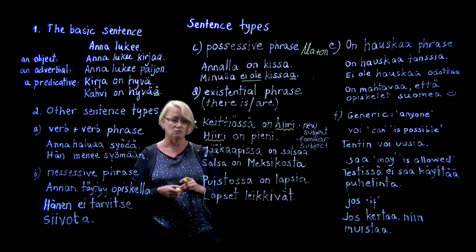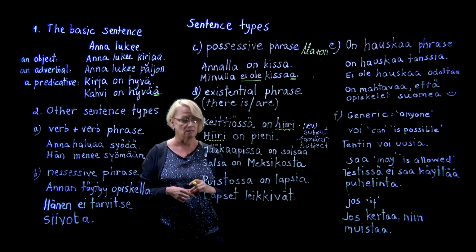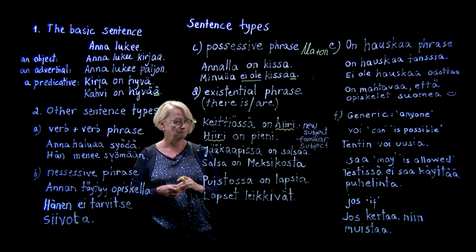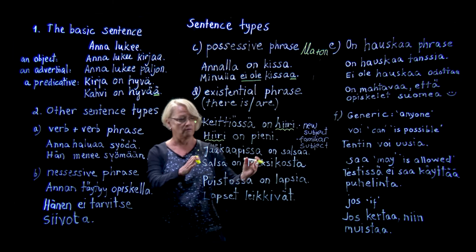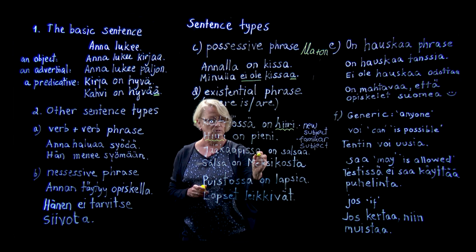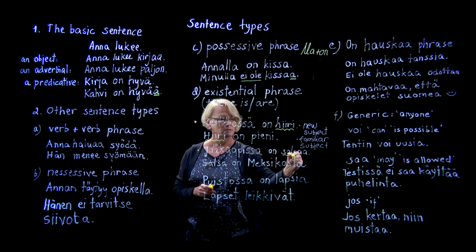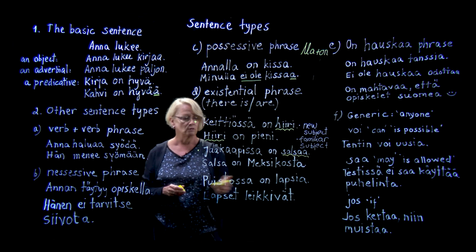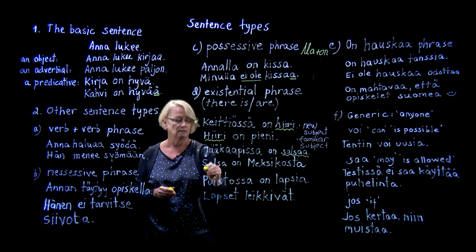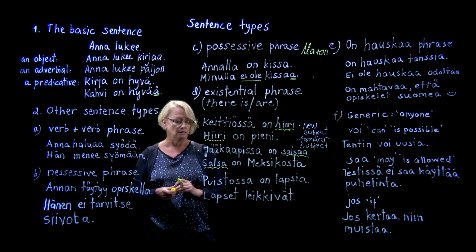Salsa on Meksikosta. The salsa is from Mexico. So again, you have a location word first, and then you have the subject, and now this is a new subject. And now this is a familiar subject that we already know.